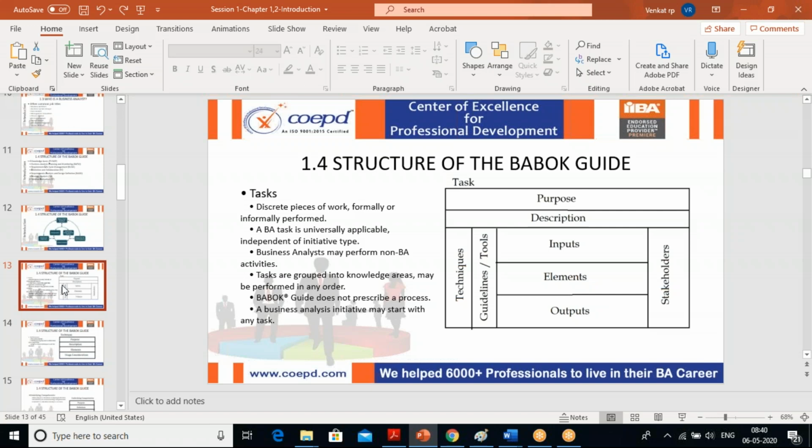Here a very important point is that the BABOK guide does not prescribe a process. That means it will not tell you that a concerning solution can be achieved through a particular process, because process is not defined or prescribed in BABOK. It is only tasks, and you can do these tasks as per the context and situations.